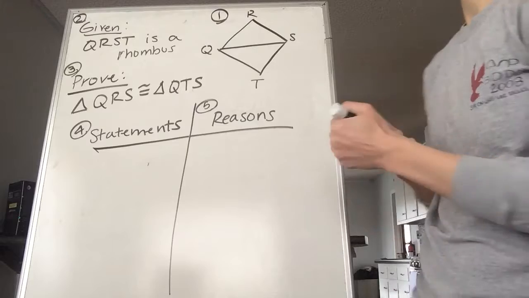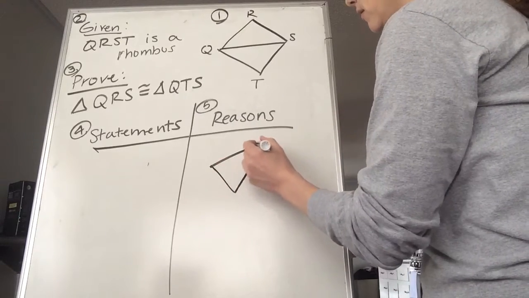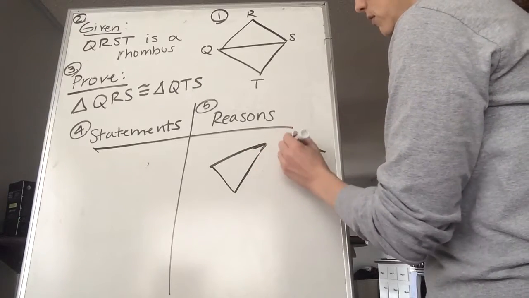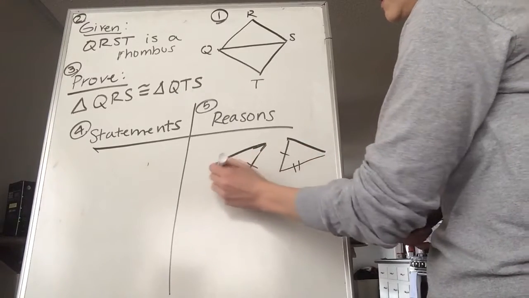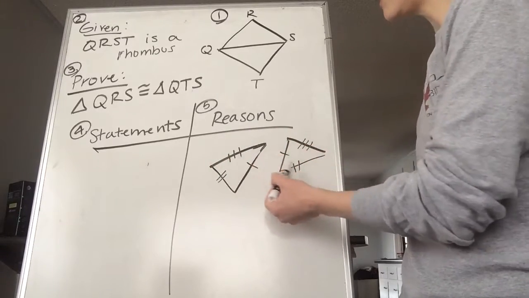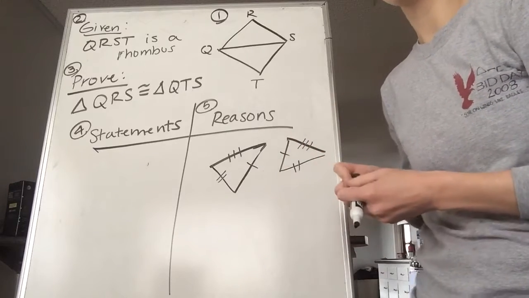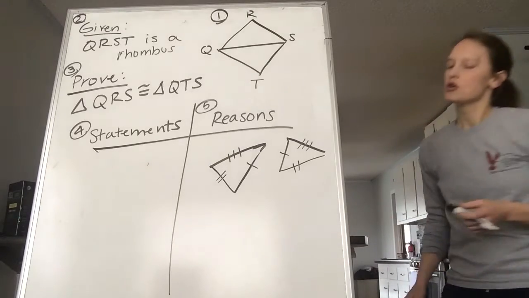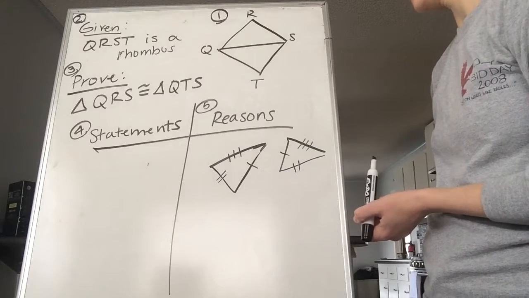You can have a triangle facing this way and this way. And we could say these sides are the same, these are the same, and these are the same. And because all these sides match up, even if they're facing a different direction, we could flip them around and they would match up. So we would know that these are congruent or the parts match up.